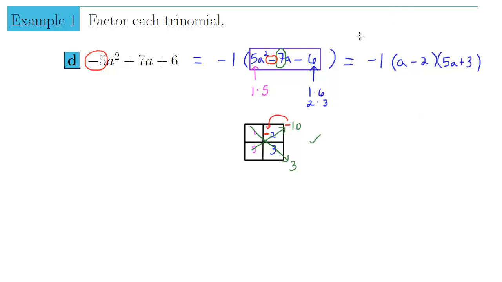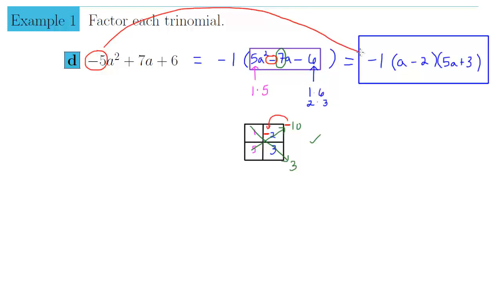So the overall final answer for the factored form of this trinomial is -1 times (a minus 2) times (5a plus 3). So whenever you have a negative coefficient in front of the squared variable, your final answer is going to have a -1 factored out in front.